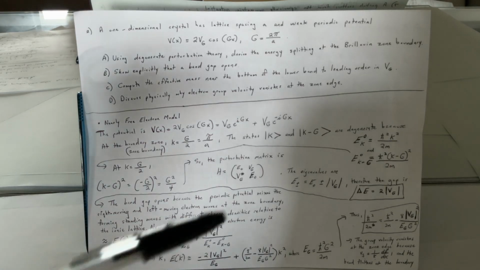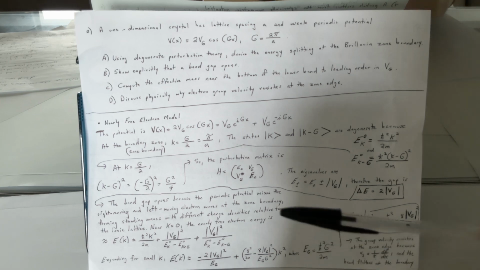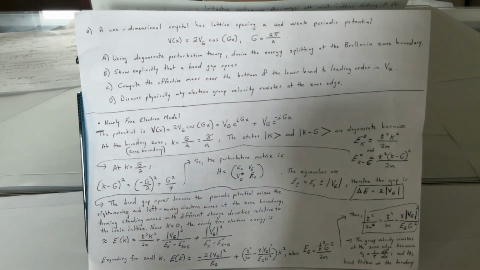So we get the perturbation matrix here and the eigenvalues are over here. Therefore the gap is ΔE = 2|V_G|. The band gap opens because the periodic potential mixes the right-moving and left-moving electron waves at the zone boundary, forming standing waves with different charge densities relative to the ionic lattice.